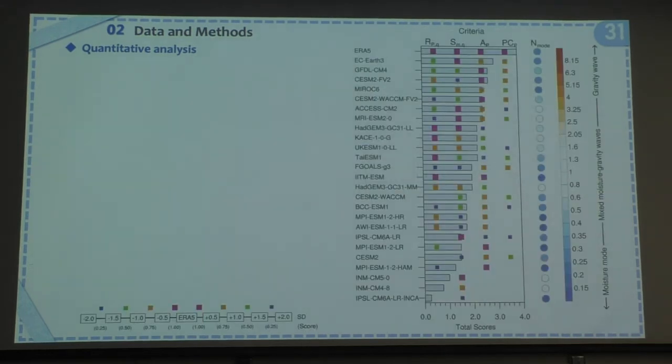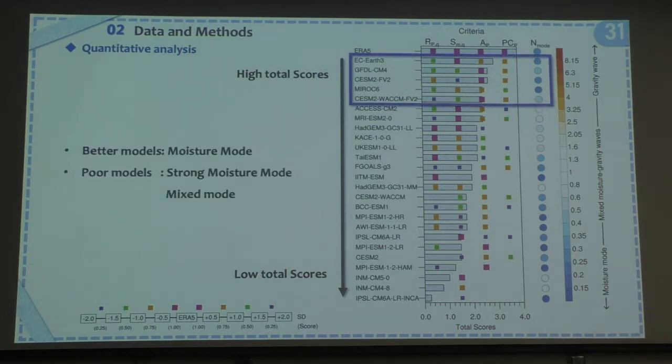So this table shows us the result, and we order the models from high total score to low total score, and there are observations. You can see that the models with a high total score satisfy the four criteria and show us the MJO mode is controlled by the motion mode.